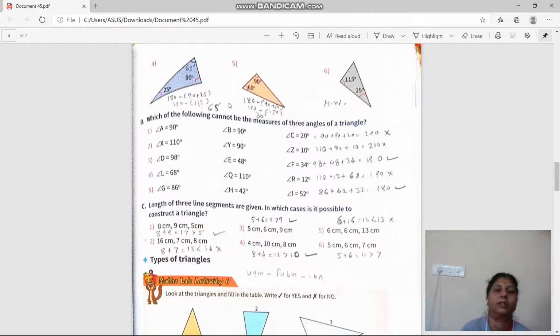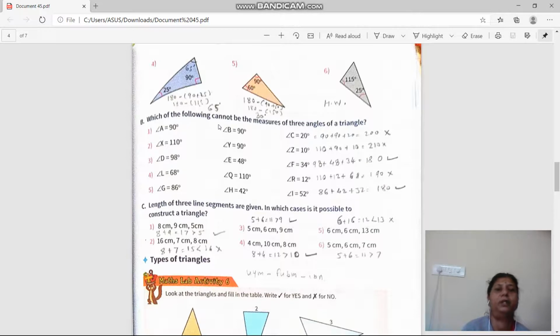Now next, fifth one. Two angles are given here, 60 and 90. So 180 minus, 90 plus 60, that means 180 minus 150, we get 30. Same process you have to take here. So the sixth example you have to solve. Get it?